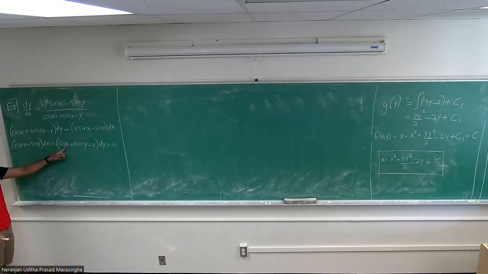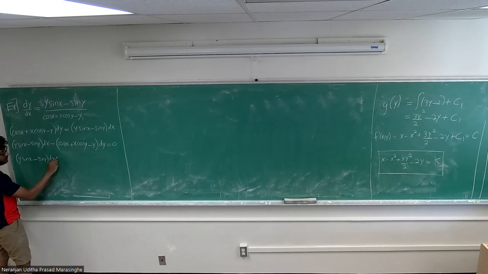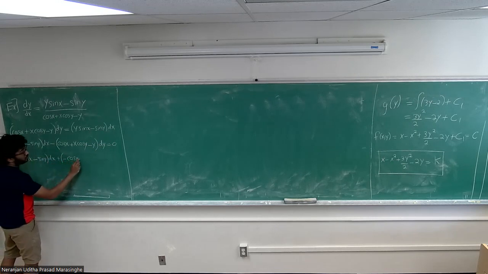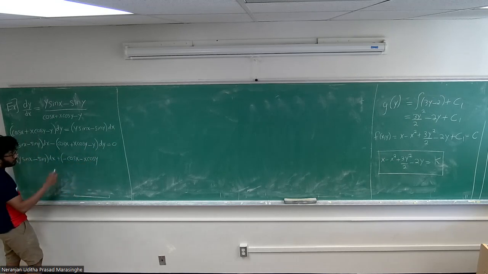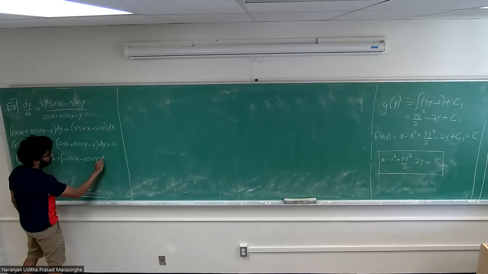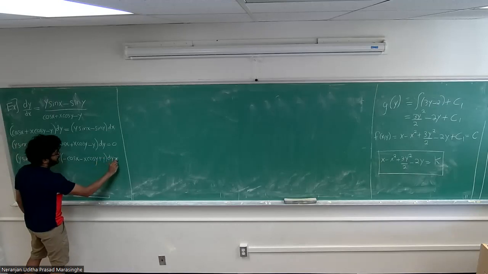I would multiply by a negative sign, so I get y times sine of x minus sine of y dx plus negative cosine x minus x times cosine y plus y dy is equal to 0.